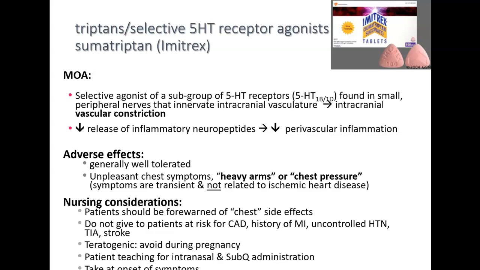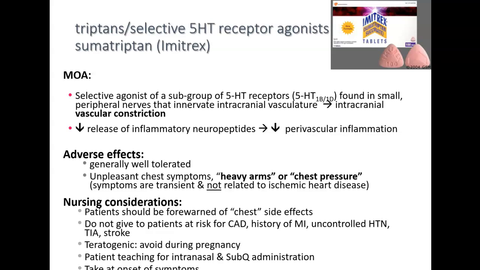Just let them know that could happen. But at the same time, don't give it to patients that are at risk for coronary artery disease, a history of MI, uncontrolled hypertension, TIAs, which are transient ischemic attacks, or strokes, because it causes vascular constriction.